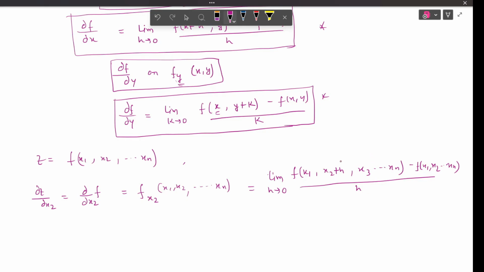Okay. Now I think you have understood how to write this partial derivative. So unlike a function of a single variable, existence of partial derivatives does not ensure continuity of a function f of xy. Remember this.